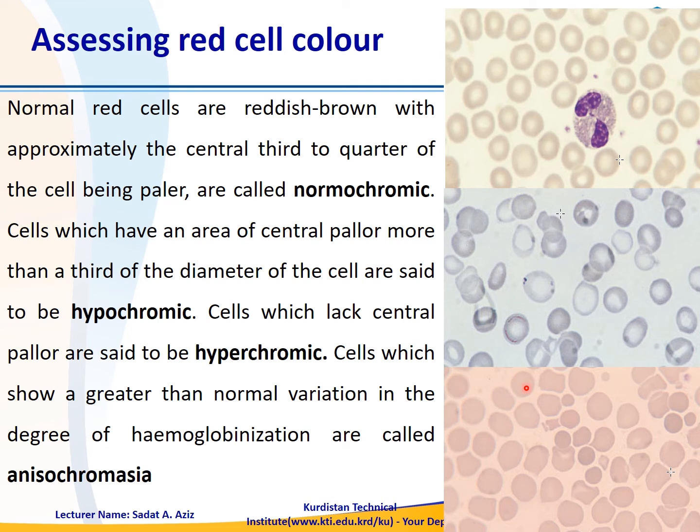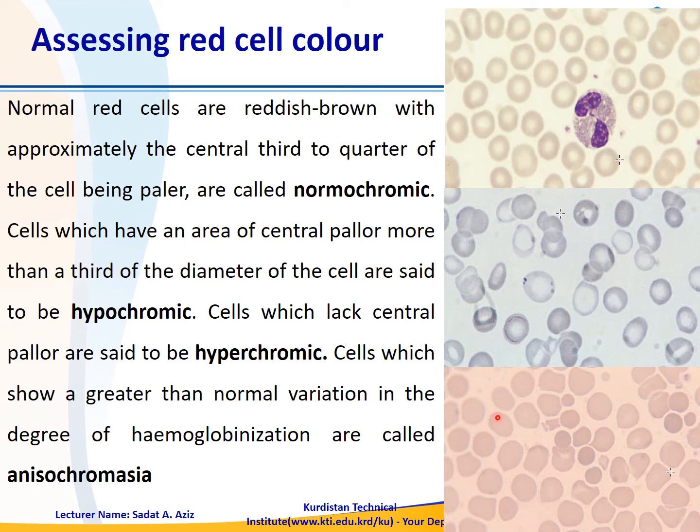Hyperchromic is most common in the case of spherocytosis, because the hemoglobin within the spherical cells is distributed in a random manner, and because of the shape of the cells, you might not be able to see a pale center. So the cells might look hyperchromic.